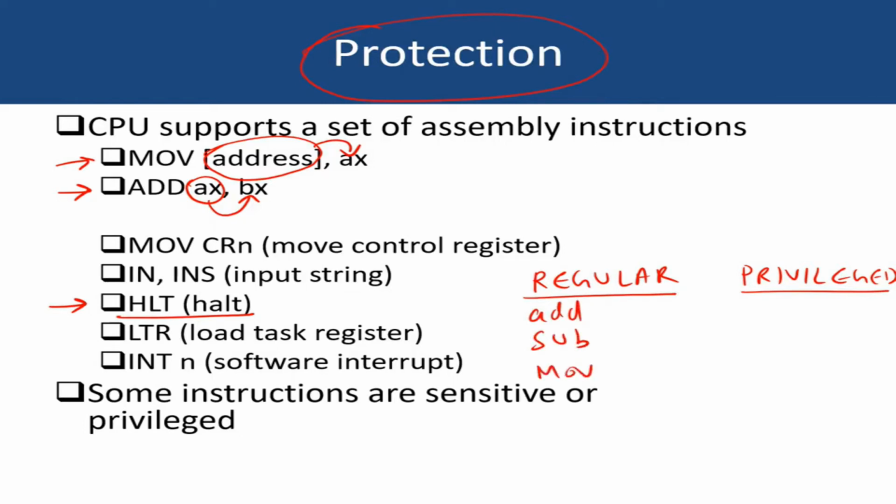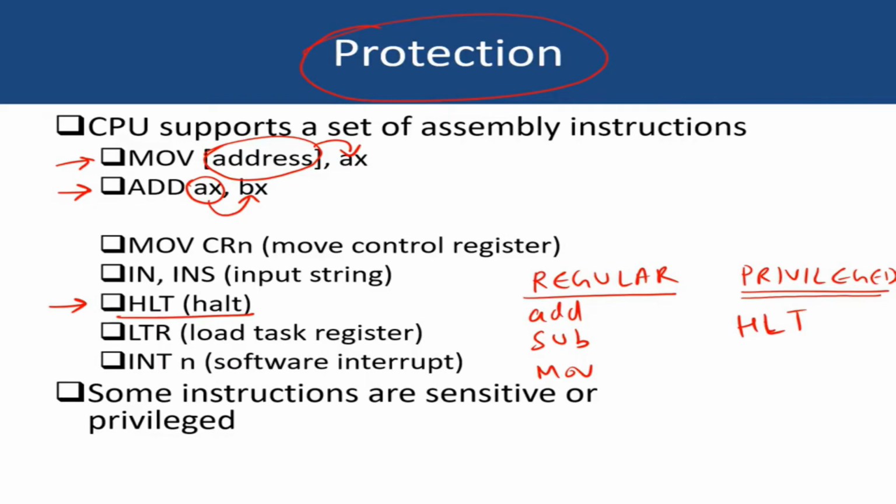As opposed to this, the second set of instructions, the privileged instructions, we cannot trust the user programs to execute. Only the operating system can be trusted with such instructions. For example, halt is an example of a privileged instruction. So why is halt a privileged instruction?